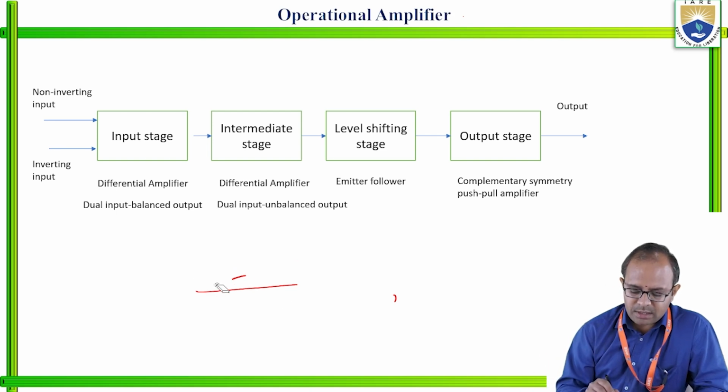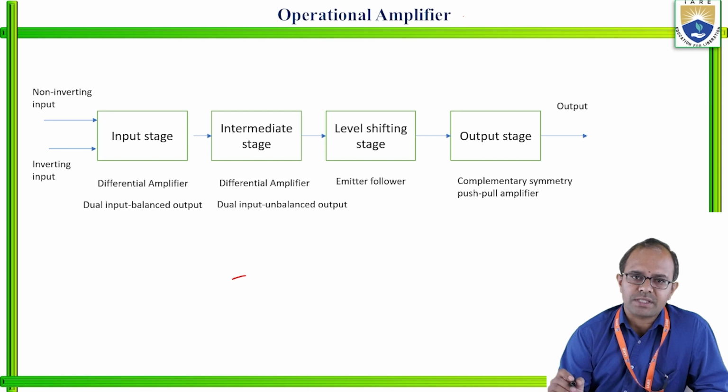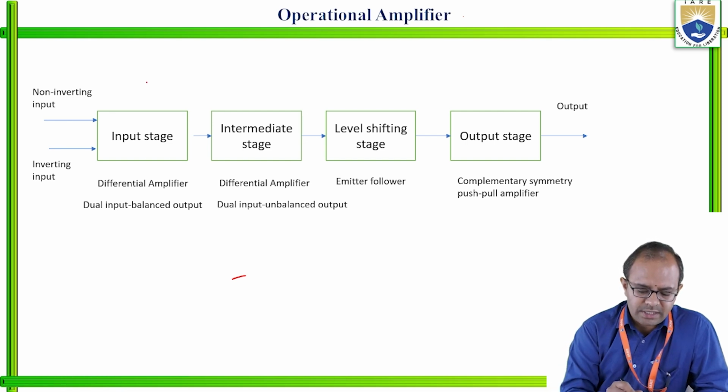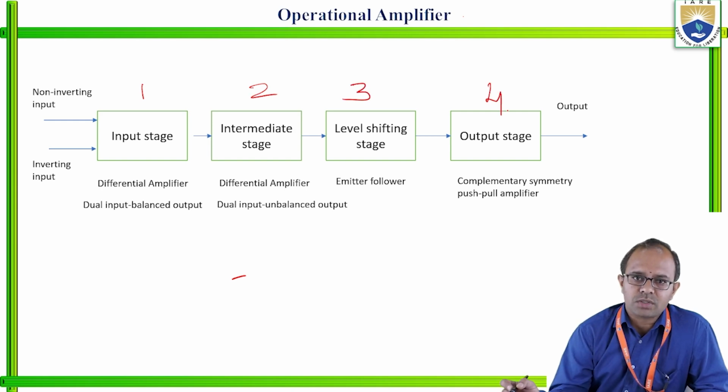What is the block diagram of this particular operational amplifier? If you observe, it consists of 4 stages. This can be the first stage, this the second stage, this is your third stage, and this is your final, 4th stage.